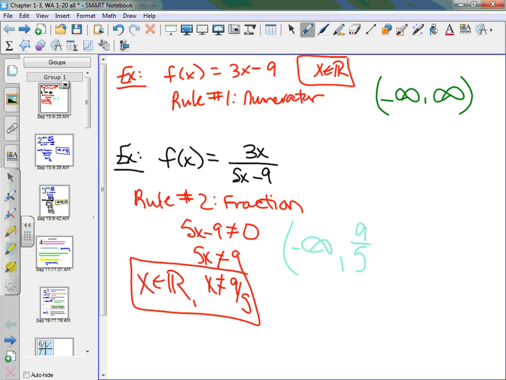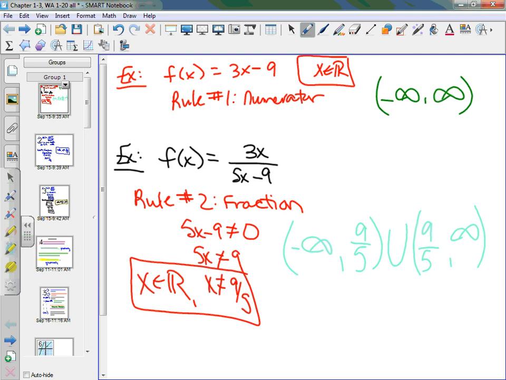Because it's not allowed to be it. So do I have a bracket or do I have a parenthesis? Bracket means I'm including it. Can I include it? No, so I have a parenthesis. However, I stopped there, my interval. So now I have to put a U, because U means union. Union means and. Remember, and. And then we're going to start it again, right at 9/5, because we're excluding it. And then how far up can it be? Positive infinity. And I close it with a parenthesis because it cannot be bigger than that. Yes?